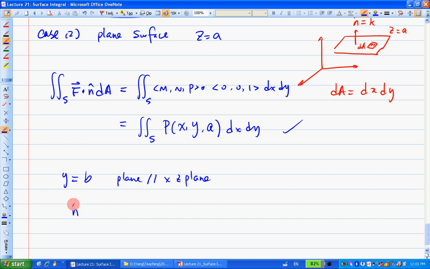In that case, the n hat will be j hat, and the dA will be dx dz. If you're looking at x equal to c, n hat will be i hat, and dA will be dy dz, right? Yeah.